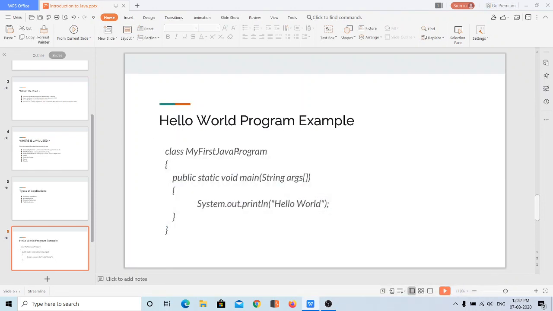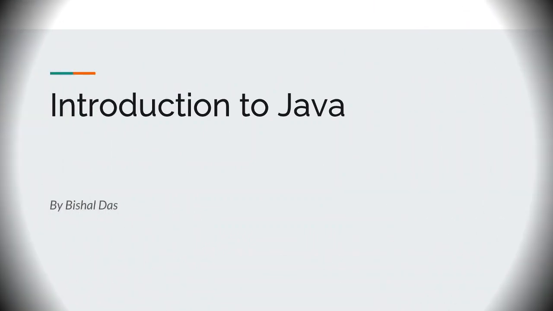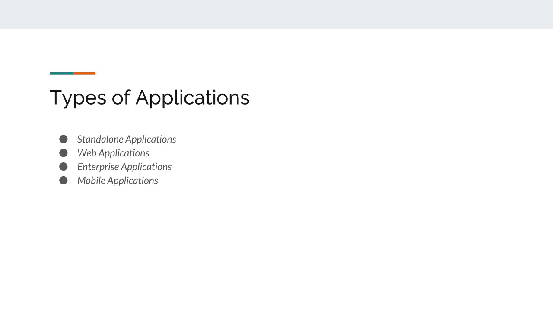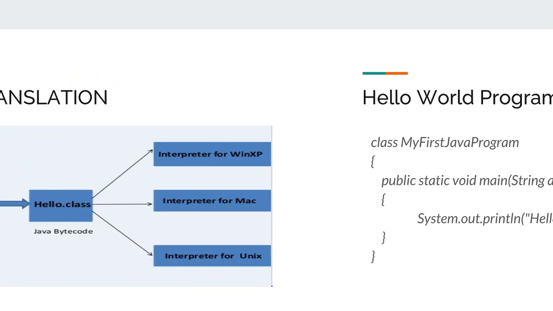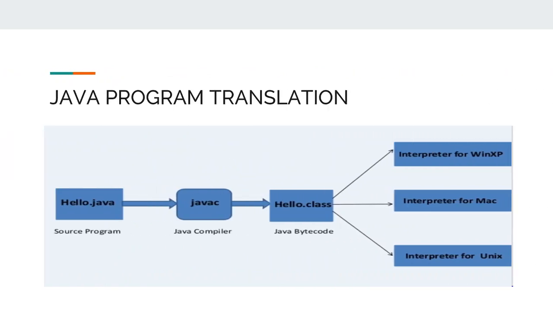After the file is saved, it goes through a Java compiler, which translates the Java code into machine understandable code, and it outputs a .class file, which is a platform independent Java file.